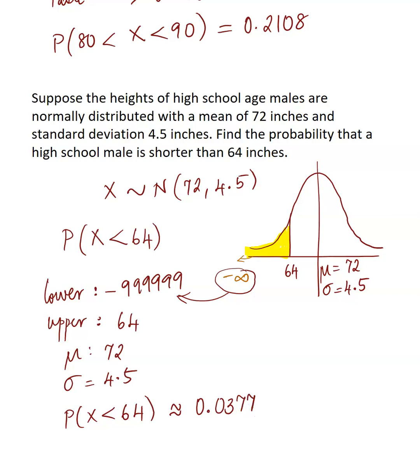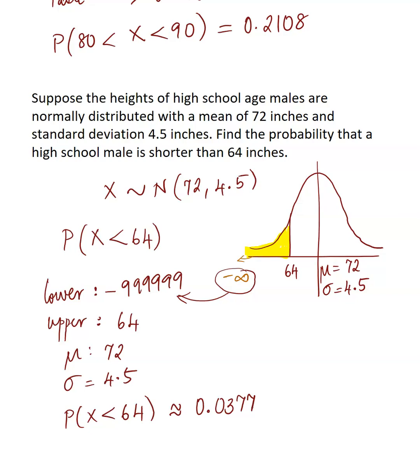Okay, so the probability that a high school male is shorter than 64 inches is roughly 3.7%. So there's a 3.7% chance that a high school male is shorter than 64 inches.